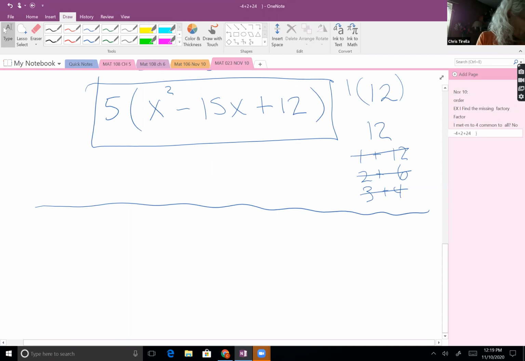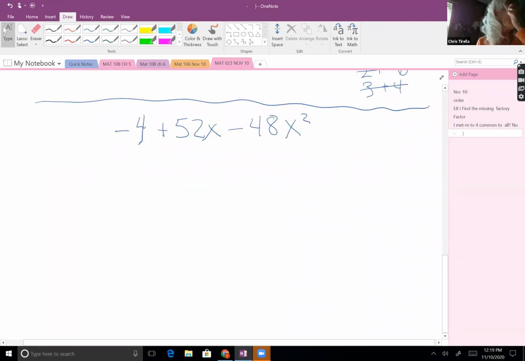What if I have -4 plus 52x minus 48x squared? Does anybody notice that this one's not in order?